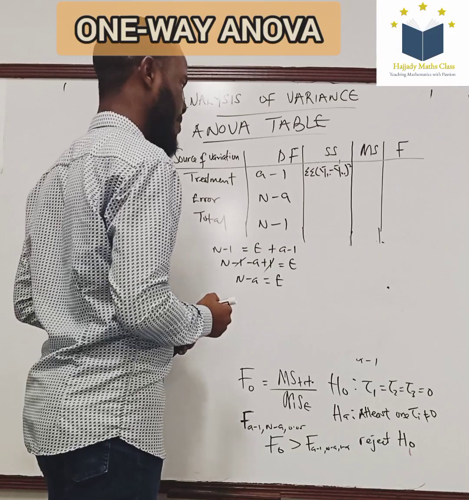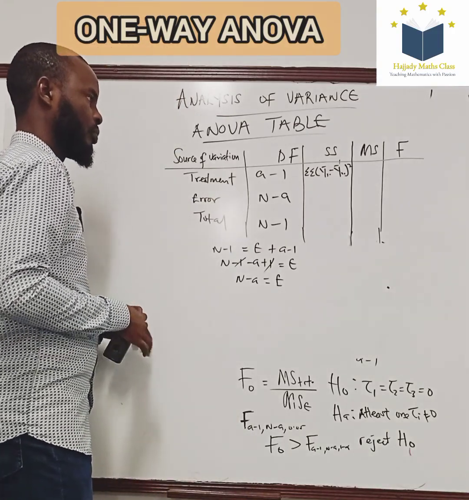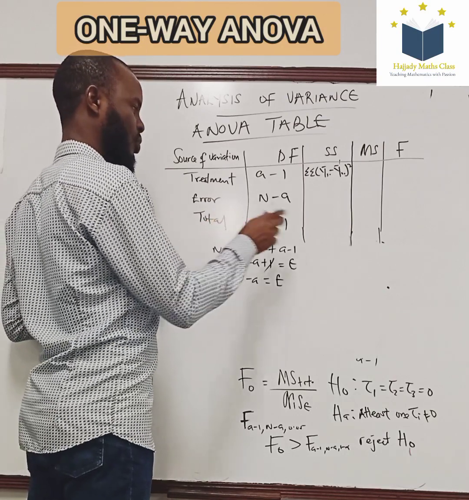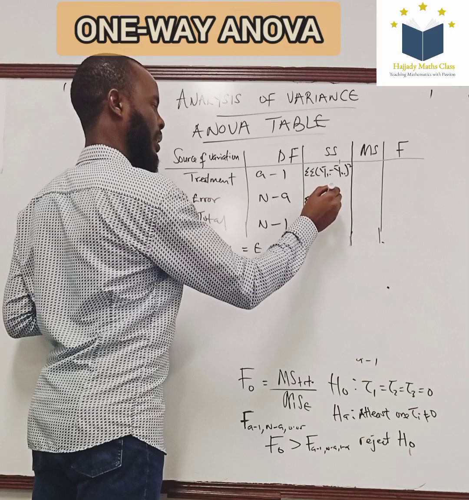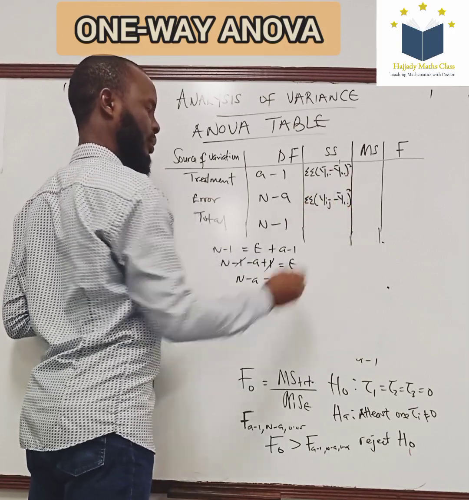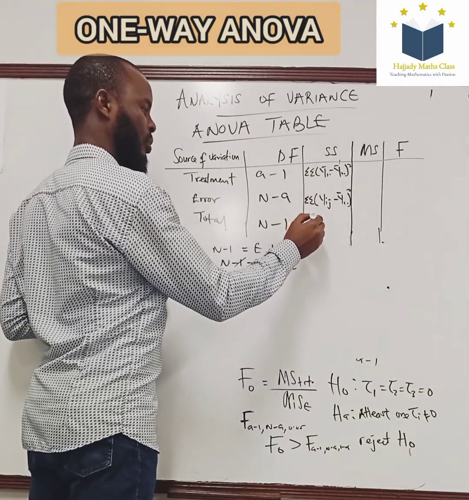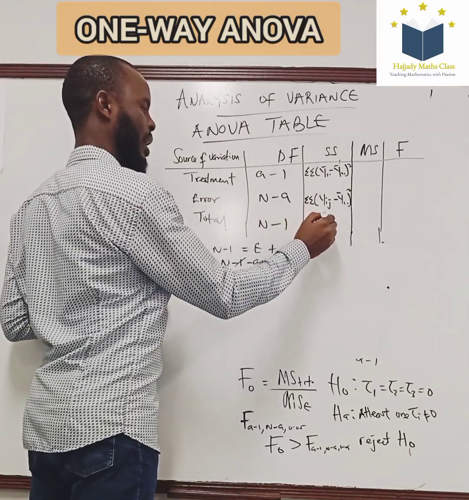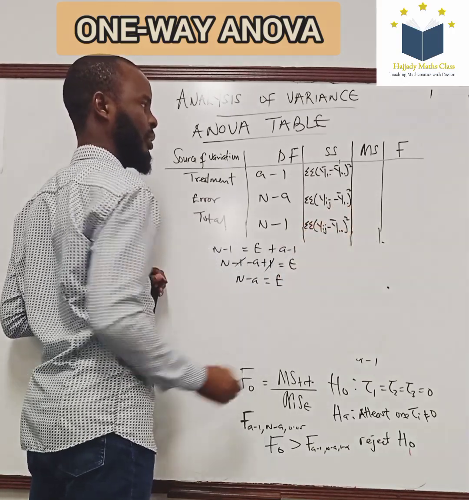And also, for the SS error, double sum of yij minus yi dot bar, all squared. And for the total, double sum of yij minus y dot dot bar, all squared.